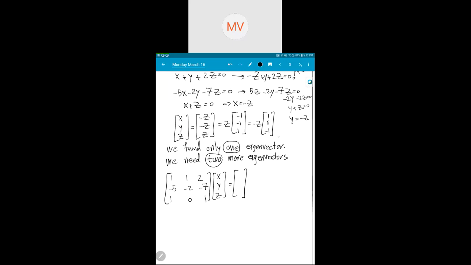Does it matter what candidate of V1 we pick? No. As long as it's a non-zero vector, it doesn't matter. The only thing is you might get equations with rational coefficients, just like the one that we did.